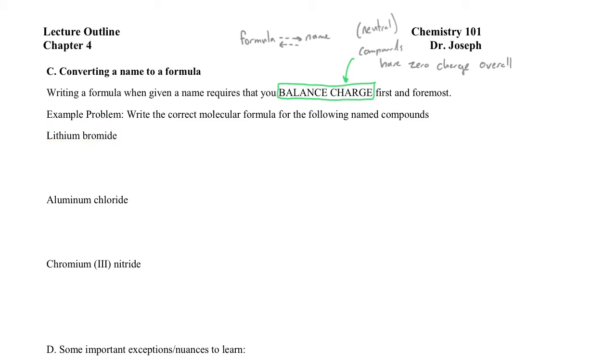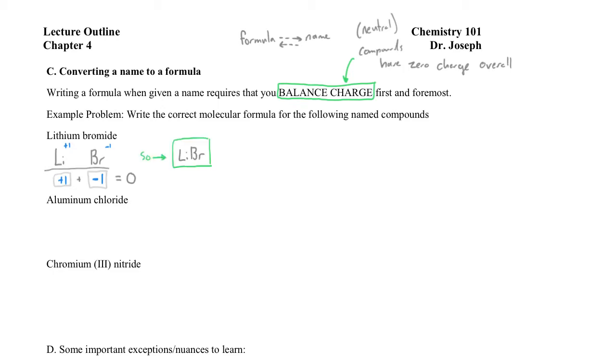As we can tell from the name, we have the elements lithium and bromine in this compound. Now, lithium has a +1 charge, and bromine has a -1 charge. So this compound, together with just these two elements, has a neutral charge overall if we have one of each of these elements. So the formula would just be LiBr.